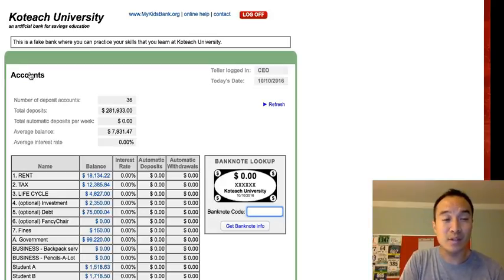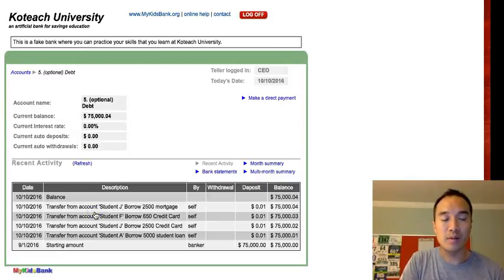All right, so the second scenario is we are going to pretend we are the debt banker. And I'm going to click right here. Here's the debt account. I'm going to click right here. And this basically is going to tell us three things as well. First is who wants to borrow money, student A, J, F, and J again.